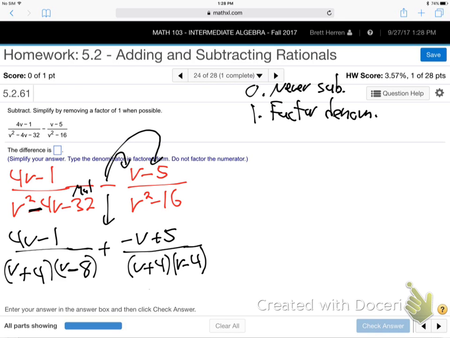And then give them what they're missing. So top and bottom, give them what they're missing. So the first one, what is the first denominator missing that his neighbors have? Yeah, he's missing the V minus 4. So give it to him top and bottom.